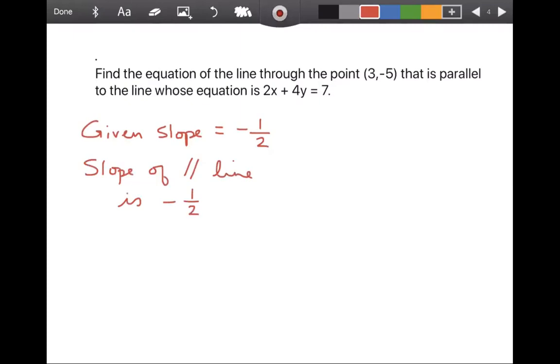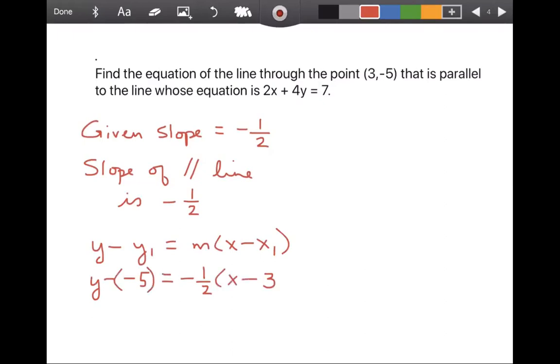Okay. So once again, we will use our point-slope formula, y minus y1 equals m times x minus x1. M is -1/2, x1 is 3, y1 is -5. So we have y minus -5 equals -1/2 times x minus 3.